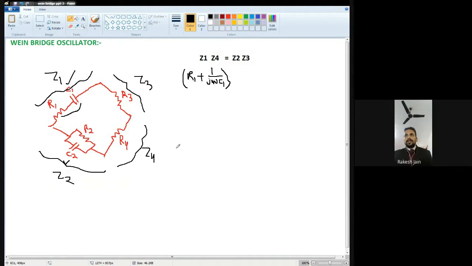Okay. Now it should be multiplied by Z4. What is Z4? Z4 is the fourth arm impedance. But here only a resistive element is there, so in impedance we should write down only the resistance, R4. That must be equal to Z2.